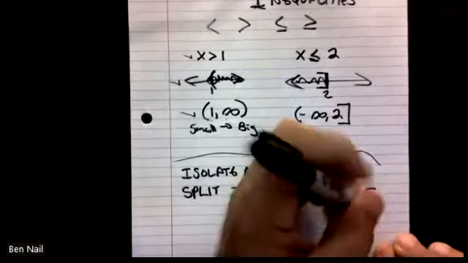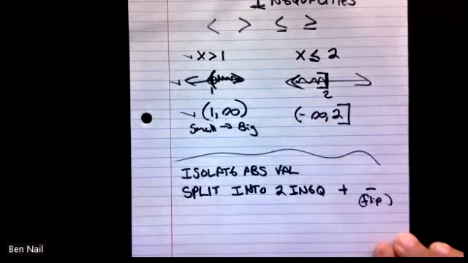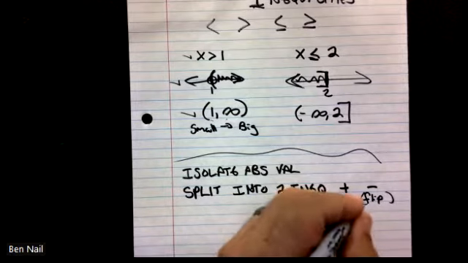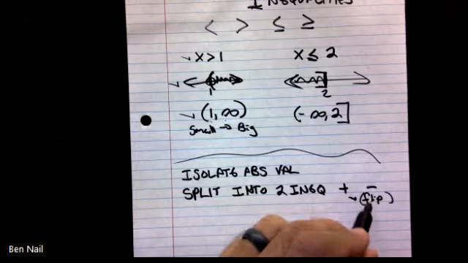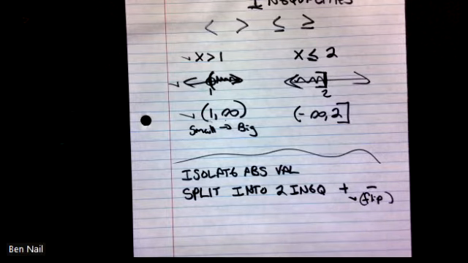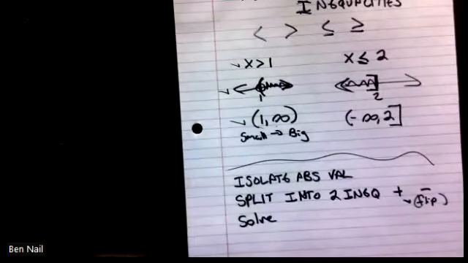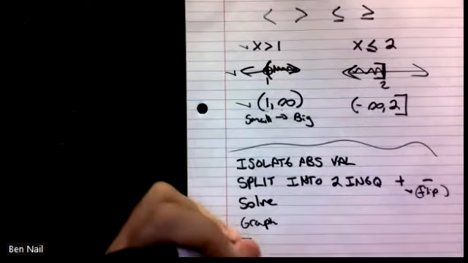Now, very importantly, when you do the negative inequality, that's going to flip your inequality. I'll make a note of that when I walk you through, but it's important. The positive one, everything stays the same. When you do the negative one, that flips from greater than to less than, from less than or equal to greater than or equal to. Anyway, once you split, you're going to solve, and then you should be able to graph and do interval notation.